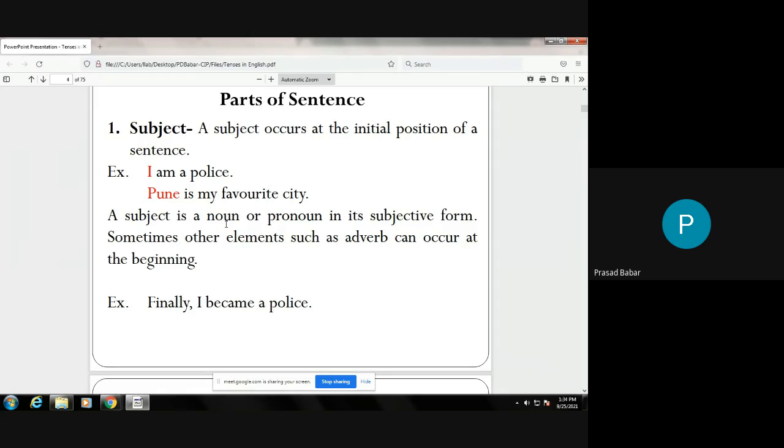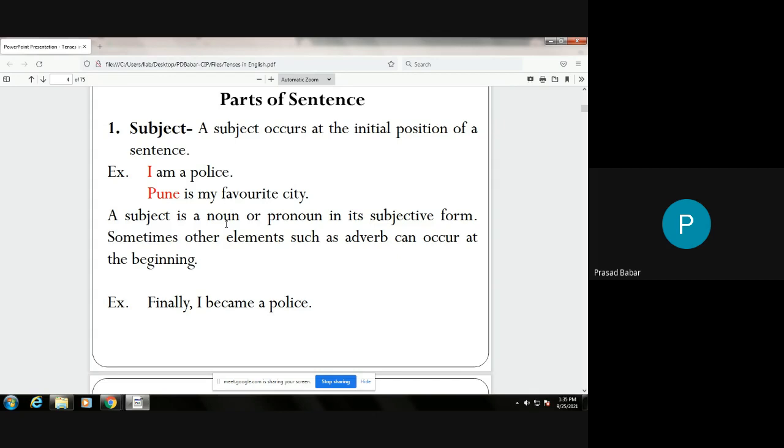So a subject is a noun or pronoun in its subjective form. Sometimes other elements such as an adverb can occur at the beginning. So a subject generally comes at the very first place of a sentence, but sometimes the adverb can also occur at the beginning.